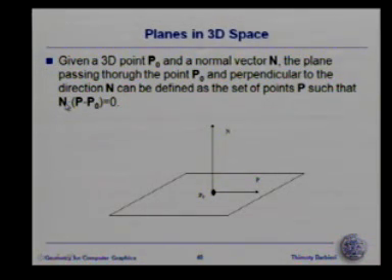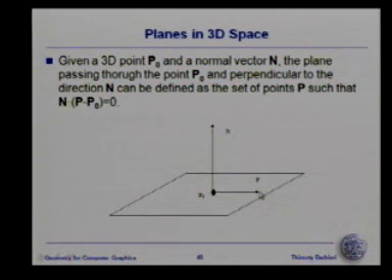It's given to you to define the plane. Then you want to know, does the point P belong to the plane? If the point P you are checking minus P0, scalar the normal, equals 0, then yes, that point belongs to the plane. You see why?